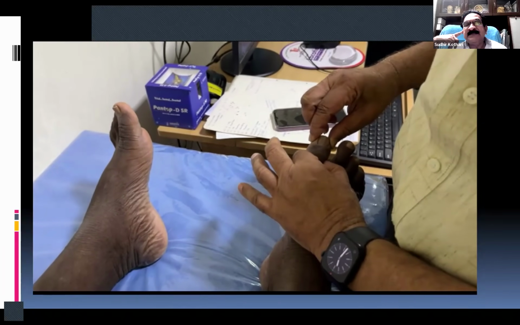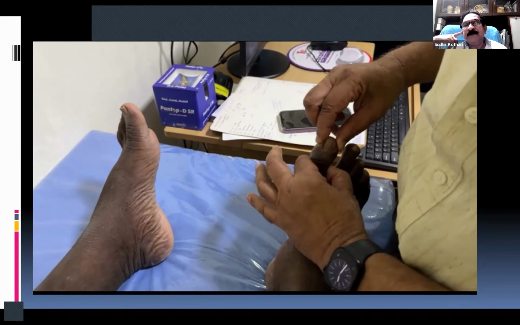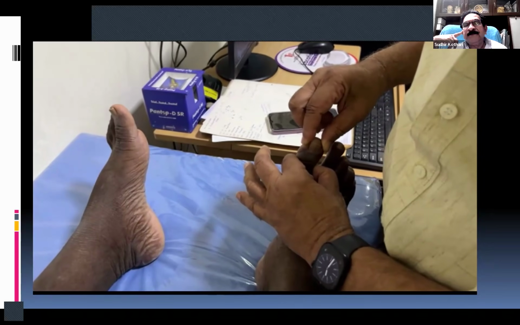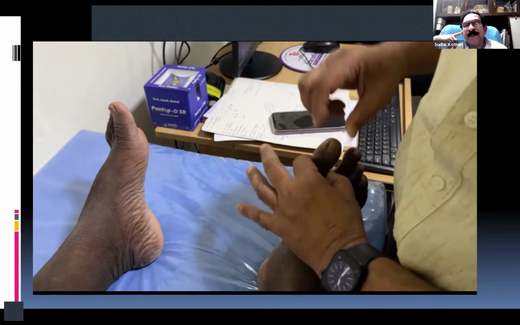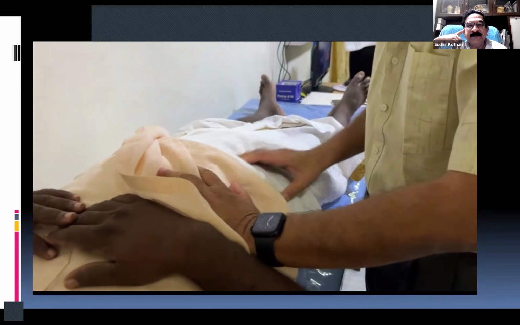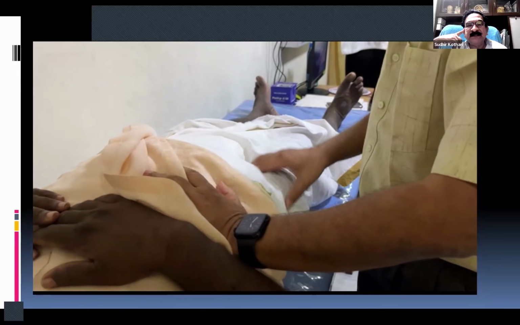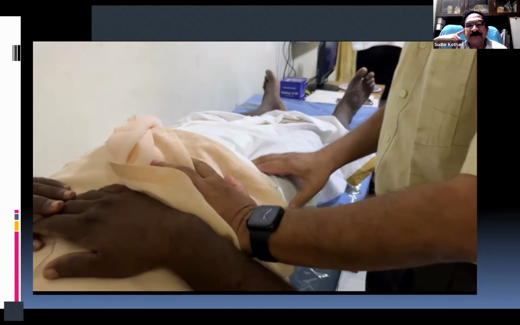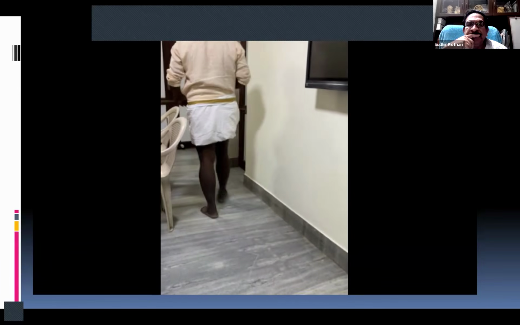Right side is normal. Reverse SLR negative. No tenderness in the inguinal region. So this is the way he walked.